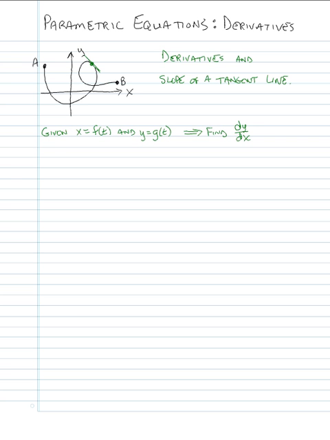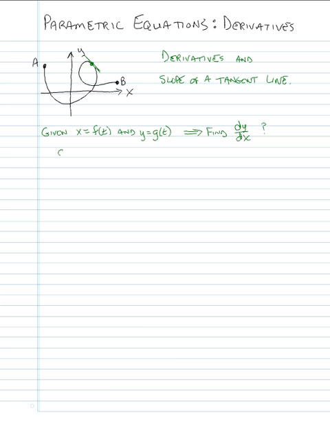So here is what we need to know first. We're assuming, although we don't have it written that way, that y can be defined in terms of x. If we were to eliminate the parameter, we maybe have y is equal to something about x. Well, then based on that, and we know x is a function of t, that means y is really a function of t that we already know.